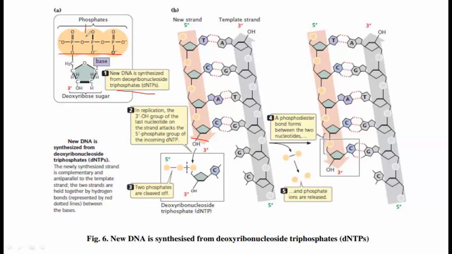It attacks this, and the 2 phosphate groups are released. When the 2 phosphate groups are released, the bond between this OH and this phosphate is phosphodiester bond, and the nucleotide gets attached. And here becomes your DNA. That's it. This is how your DNA synthesizes.